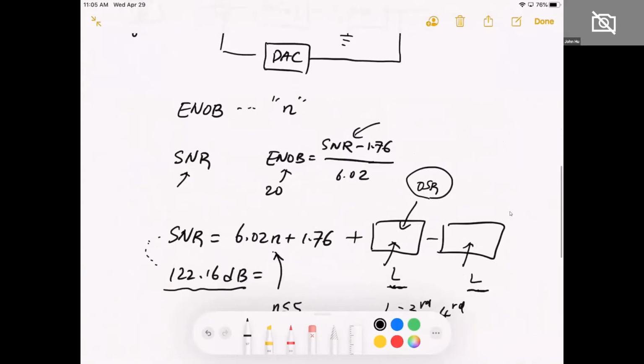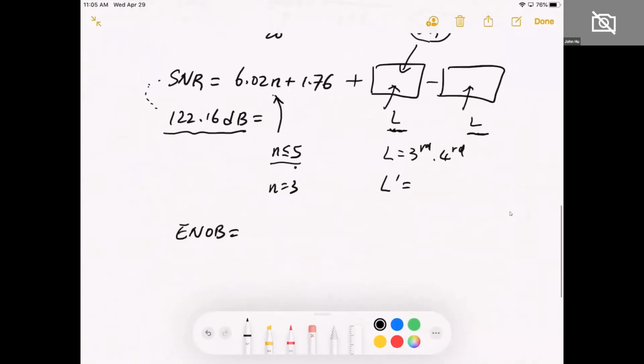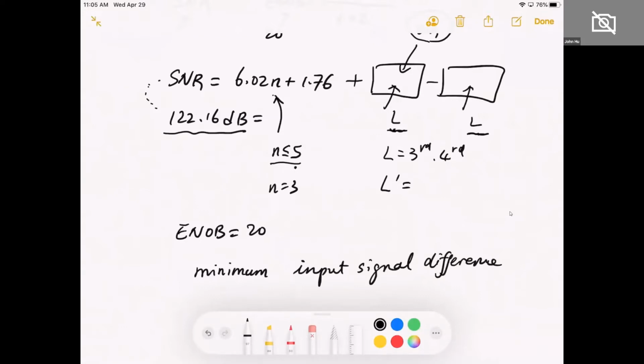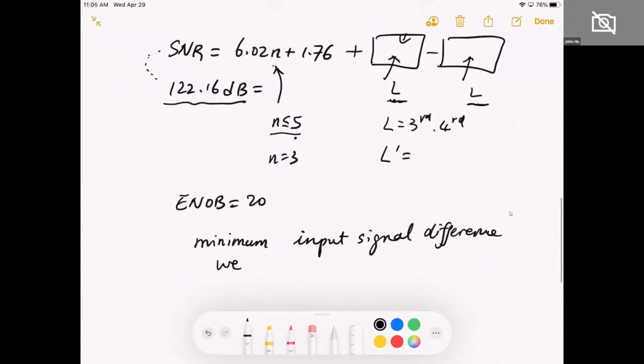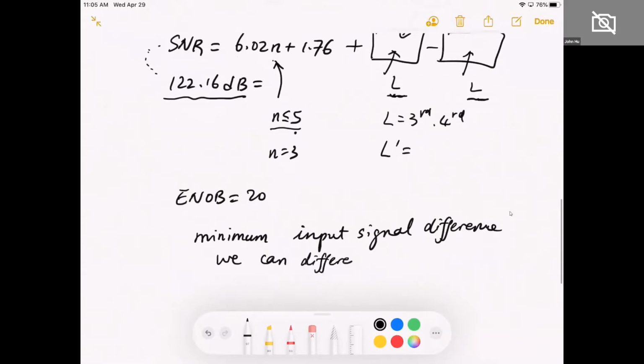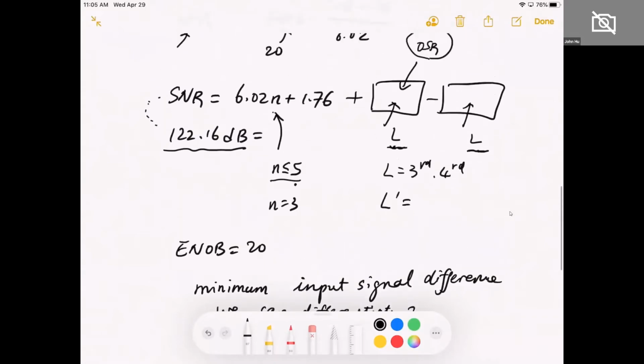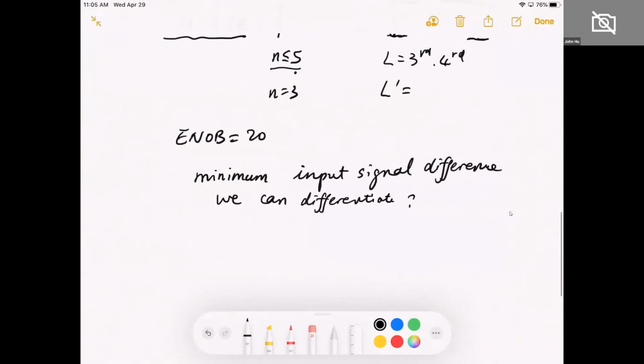And finally, if we did achieve a resolution with an effective number of bits of 20, what is the minimum input signal difference that we can differentiate, given that our full scale is still 1 volt?